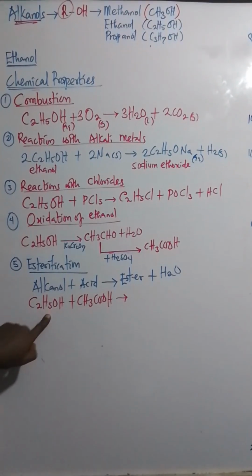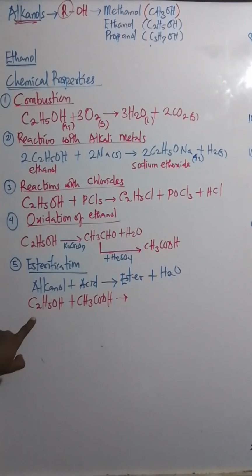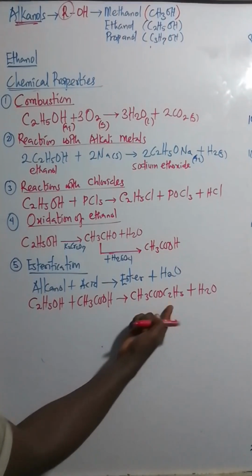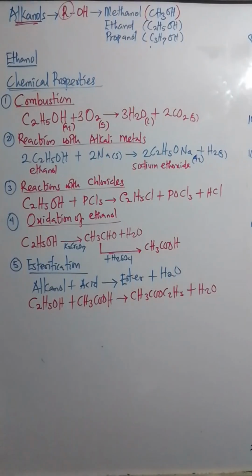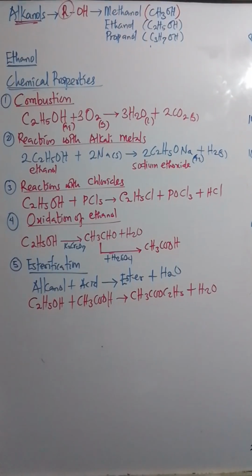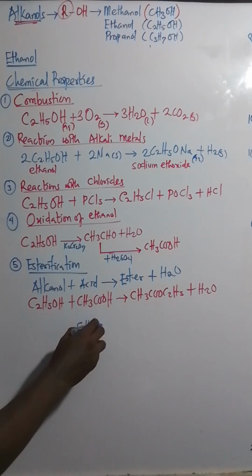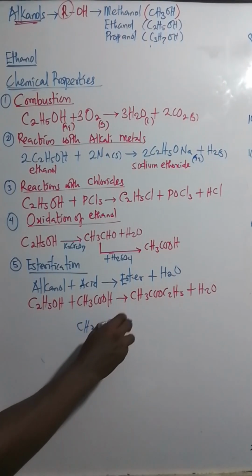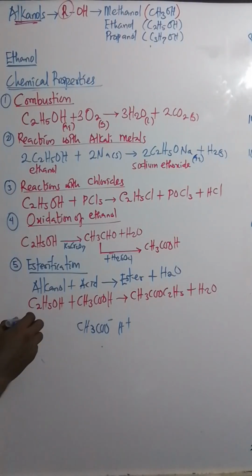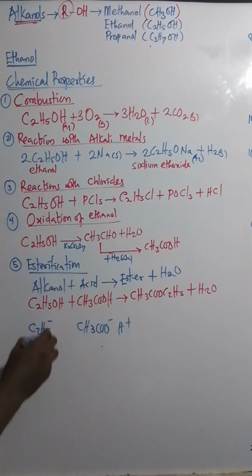For example, here we have an alkanol and an alkanoic acid. This is ethanol and ethanoic acid to give us ethyl ethanoate. So alkanoates are esters. From here we can have CH3COO minus, H plus, and then C2H5 plus, then OH minus.